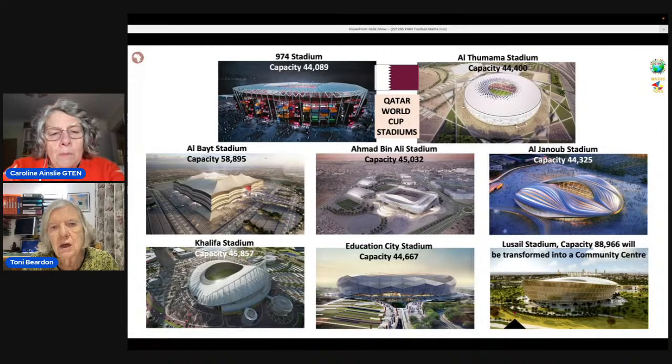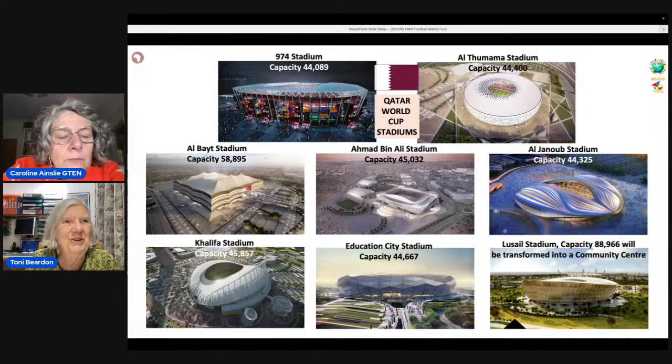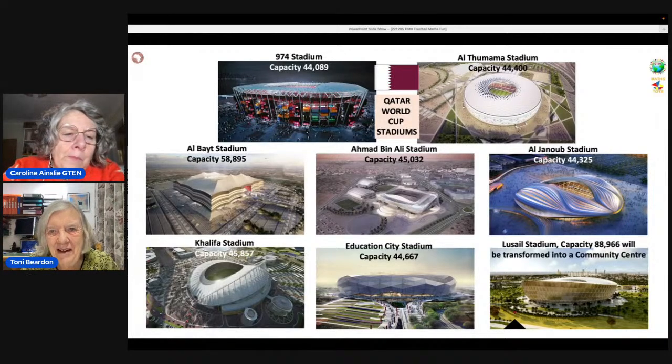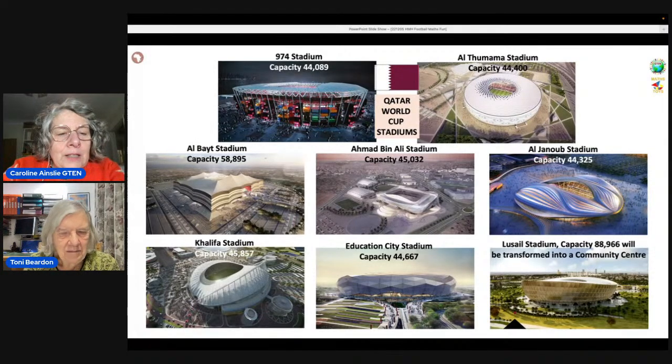These are views that not many people get, because you've got to be up in the air to see them from these angles. You've got the minimal surfaces on the roof of the Al Bayt Stadium, kind of the bubble effect with the curvy shapes. And you've got triangles and trapezia on the Education City Stadium.